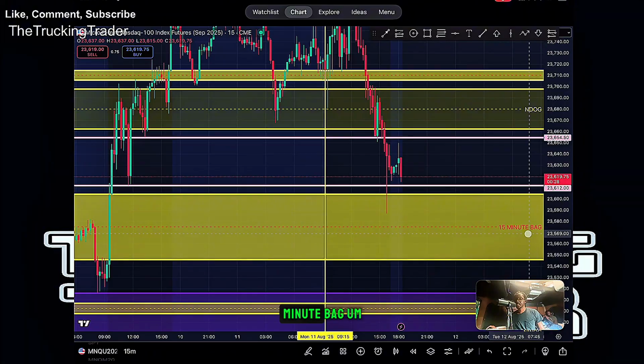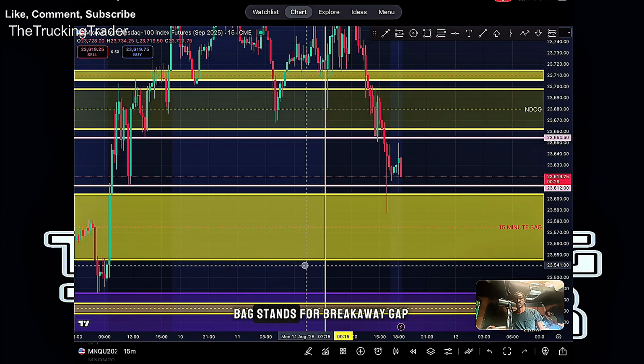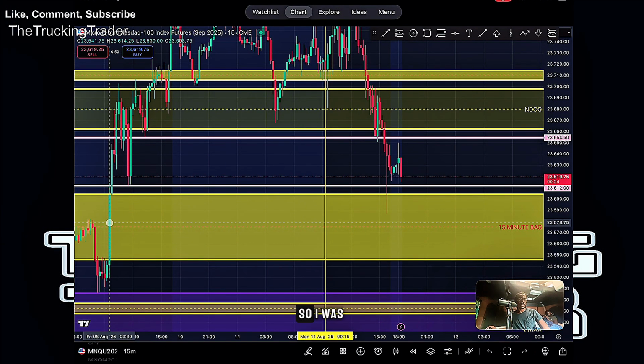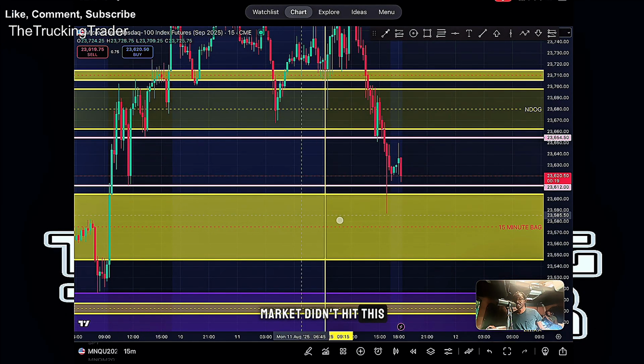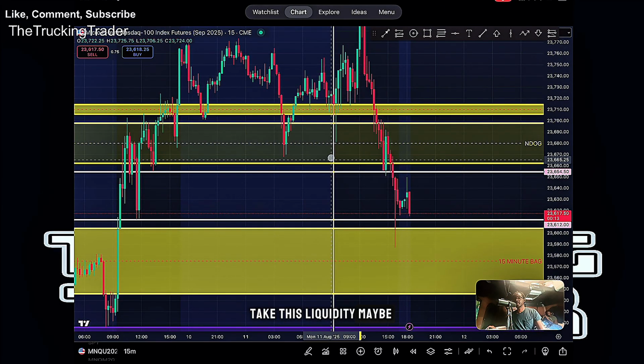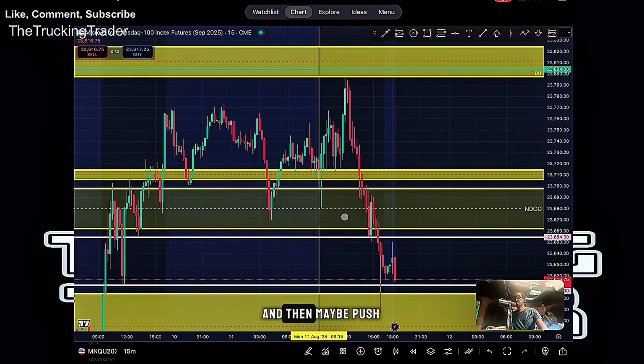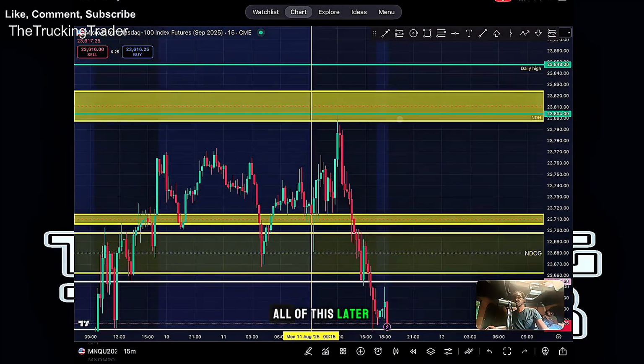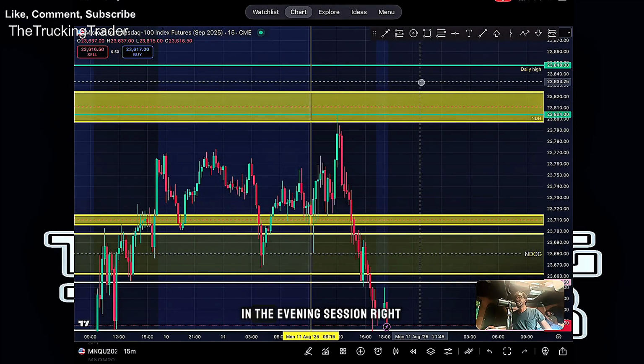This was a 15-minute BAG. BAG stands for breakaway gap. So I was anticipating that if the market didn't hit this gap right here, maybe it was going to want to come down and take this liquidity early in the morning, and then maybe push past all of this later in the evening session, right?